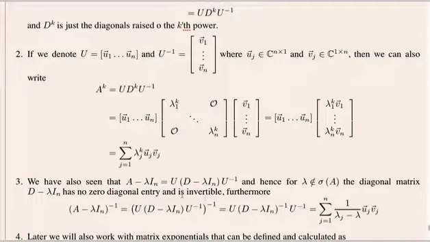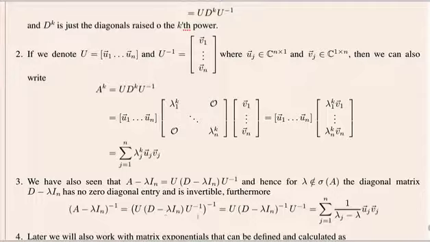That theorem was actually for triangular matrices, but you can consider also a diagonal matrix as a special triangular matrix. So then what we have is that the inverse of A minus lambda I_n is U times (D minus lambda I_n) times U inverse.